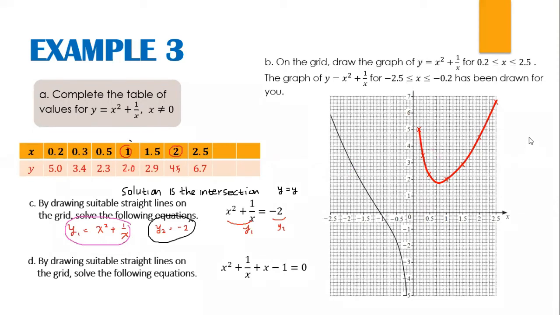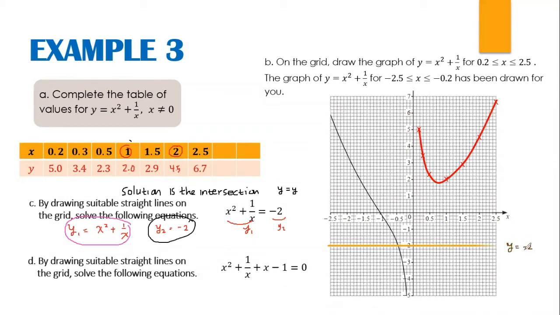This is the line on the grid, y equals minus 2. That's very easy, right? Is it clear to everyone? So we can copy this one, y equals minus 2.